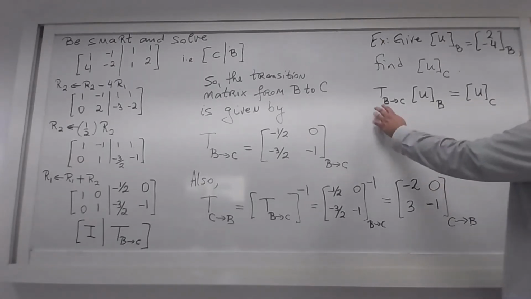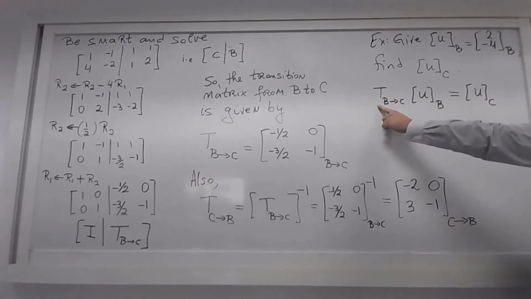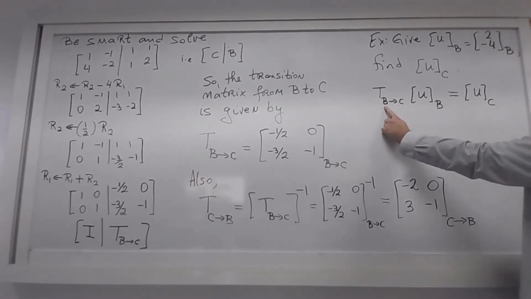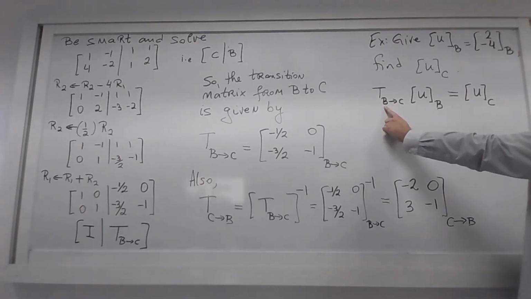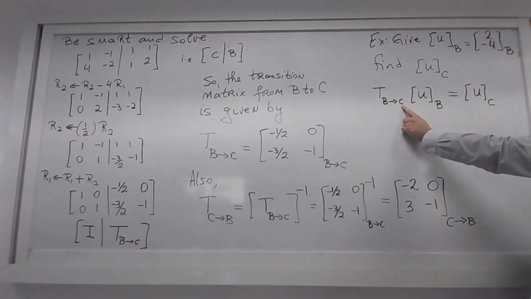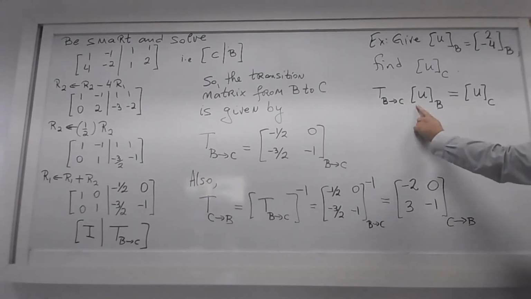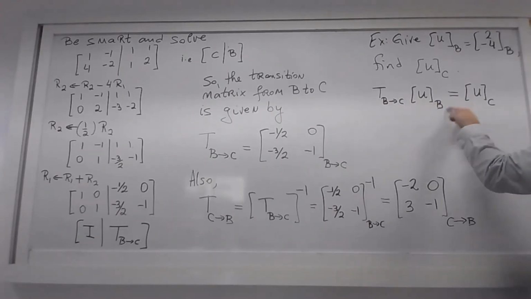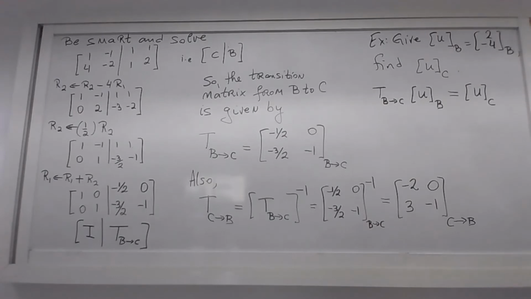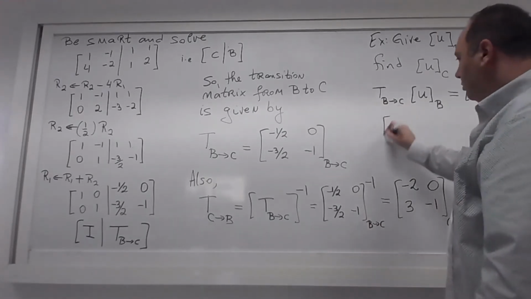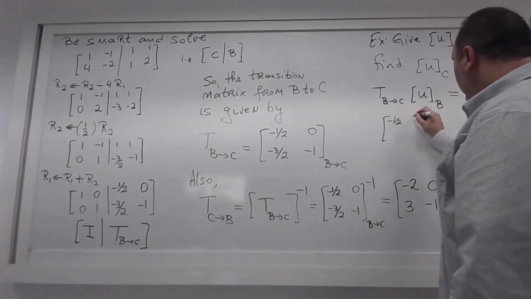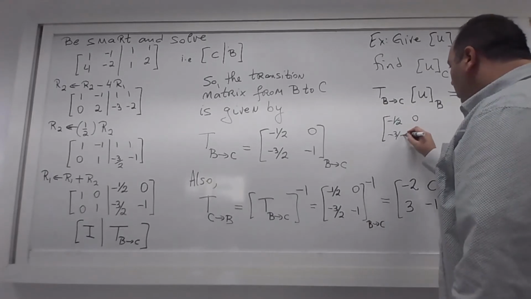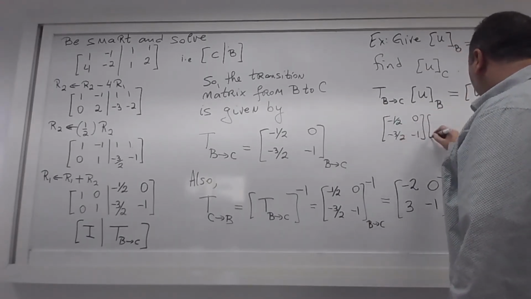So you see, this transition matrix brings people with coordinates in B into coordinates in C. So I provide you the vector with coordinates in B, you multiply, and what you will get at the end is the coordinates of the vector in basis C. So in our case, I'll just compute, do the product.